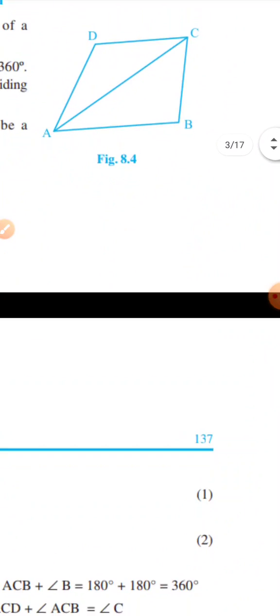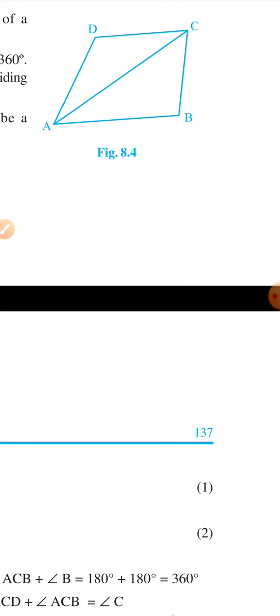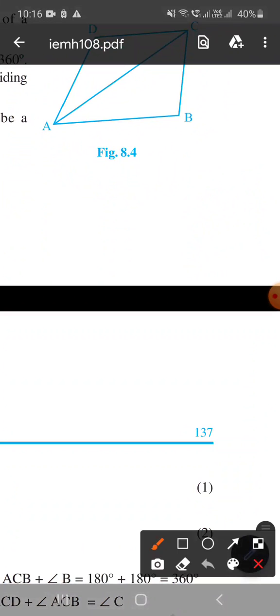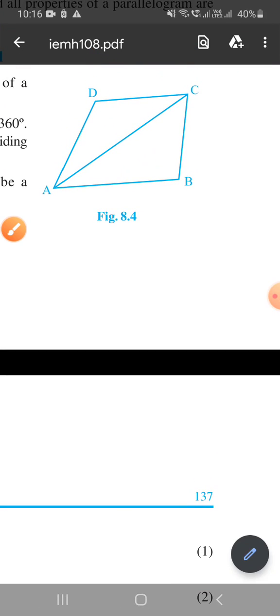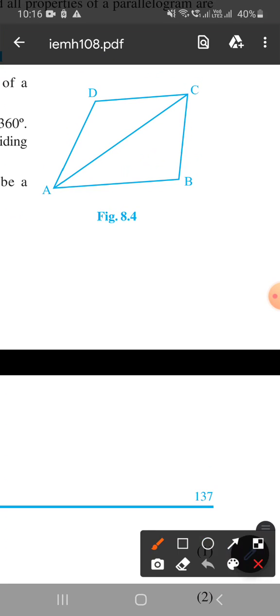Okay, so consider this quadrilateral ABCD. Now as you can see, we have drawn a diagonal AC joining the points A and C, right? This will divide the quadrilateral into two triangles, this one first and this one second.